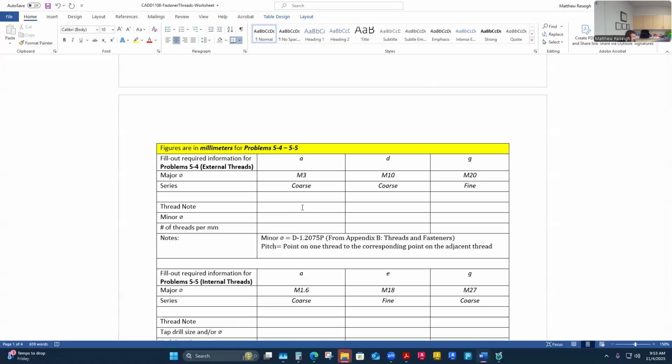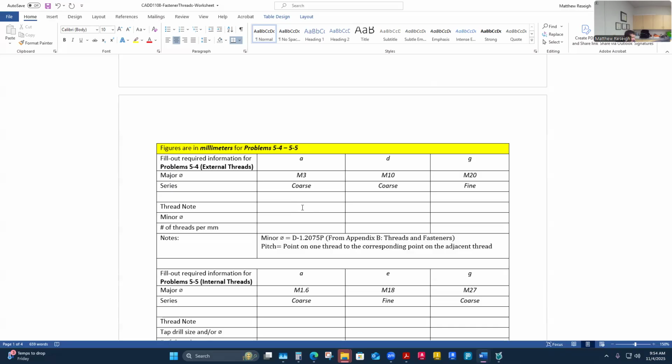Just remember you have that page 358 I used for the first couple, for UNC or Unified National type fasteners, from chapter 11 of your textbook. Now I'm going to use 359. It's got the metric, just the next page over, and is how these thread notes are built.